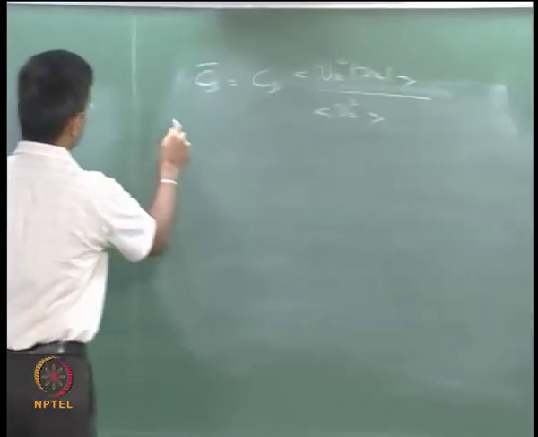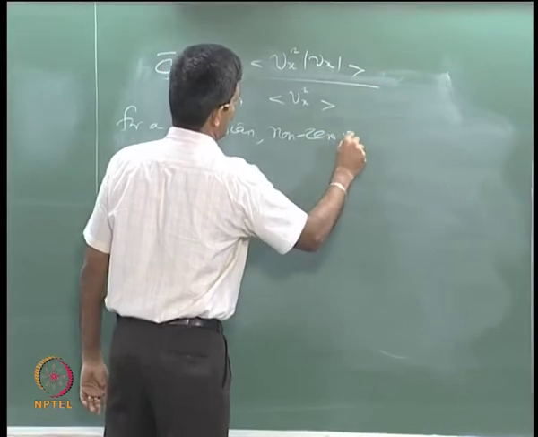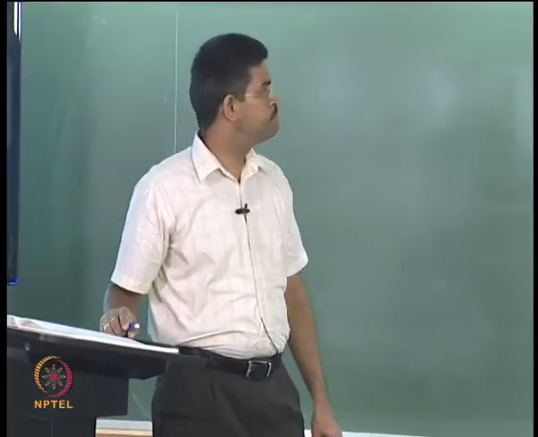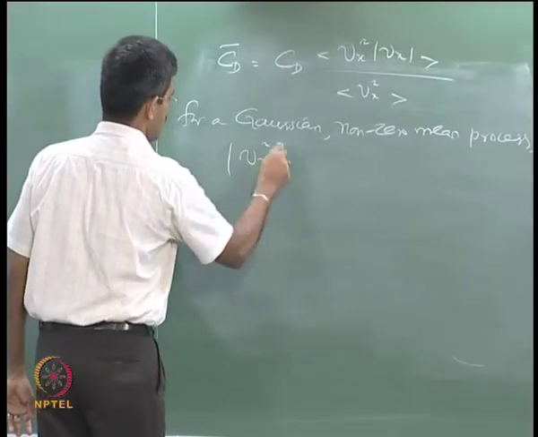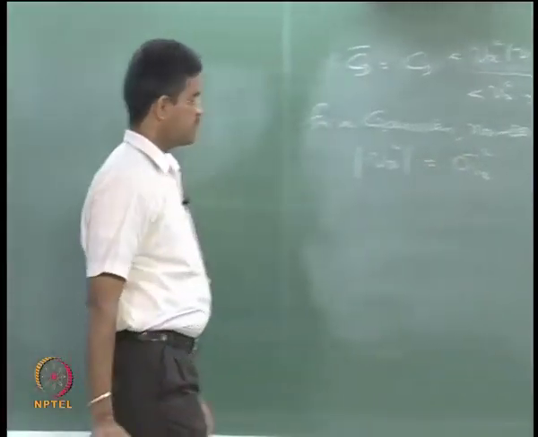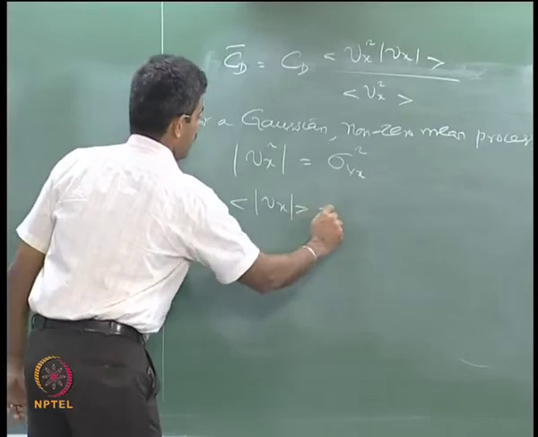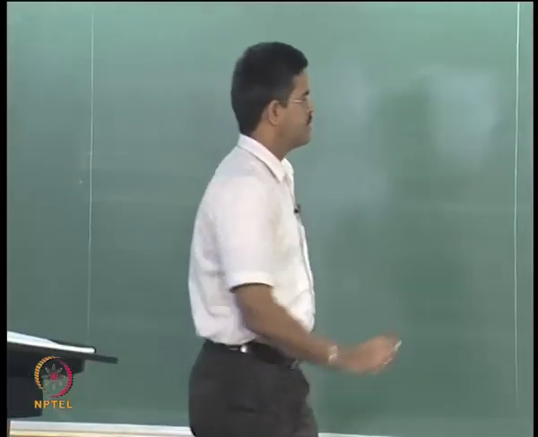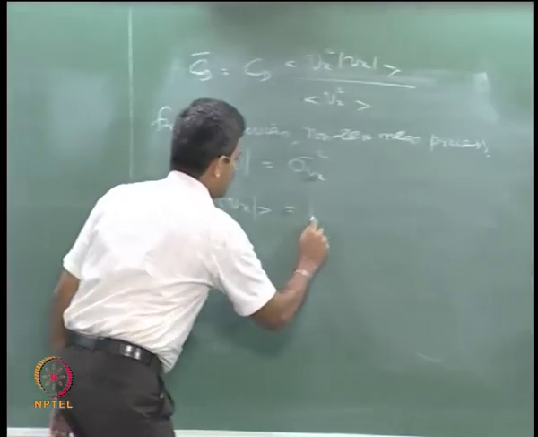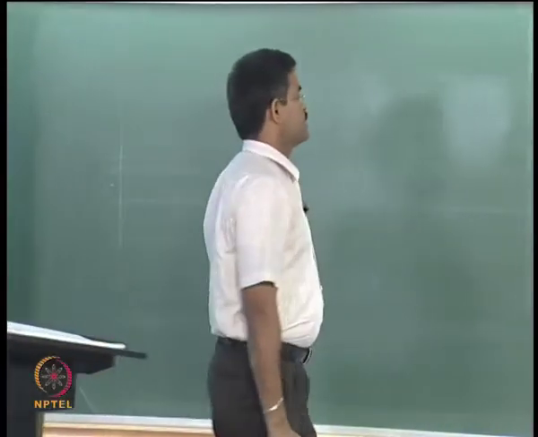Now, for a Gaussian non-zero mean process, we can simply say Vx square absolute will give me sigma Vx square, that is the variance, and the time average of absolute Vx will give me, approximately root 8 by pi of sigma Vx, if it is a Gaussian process.